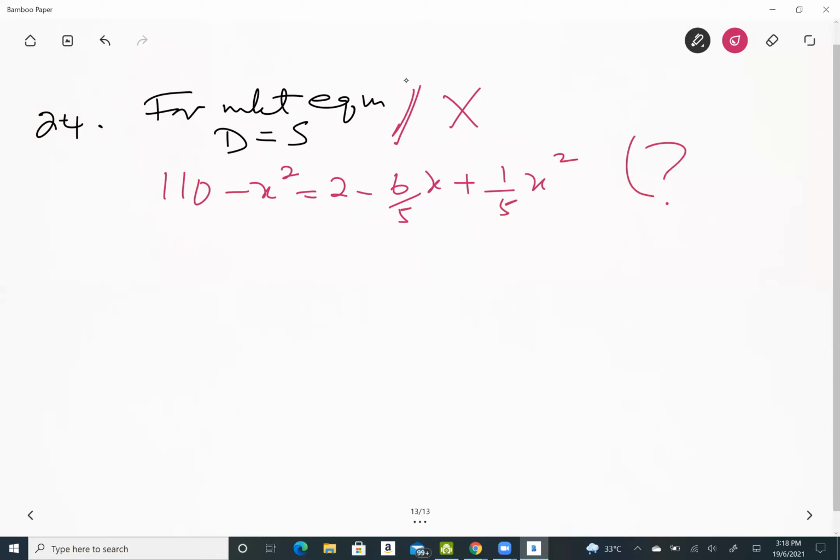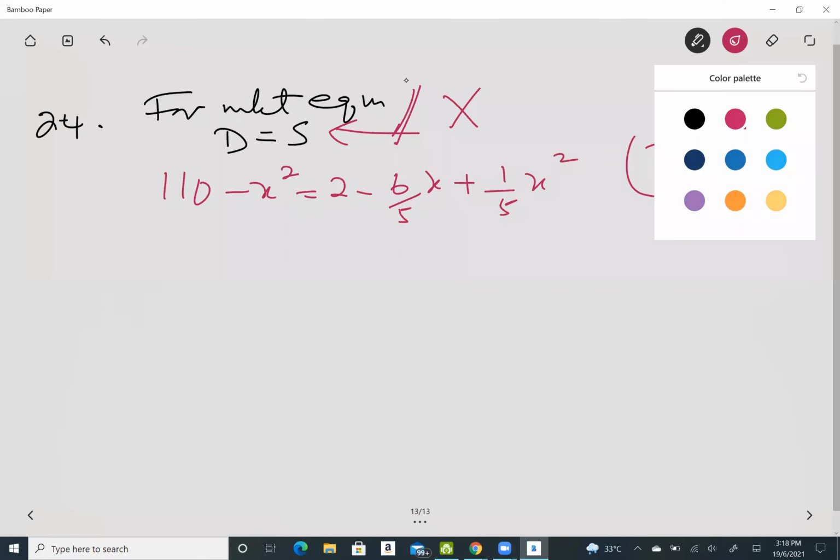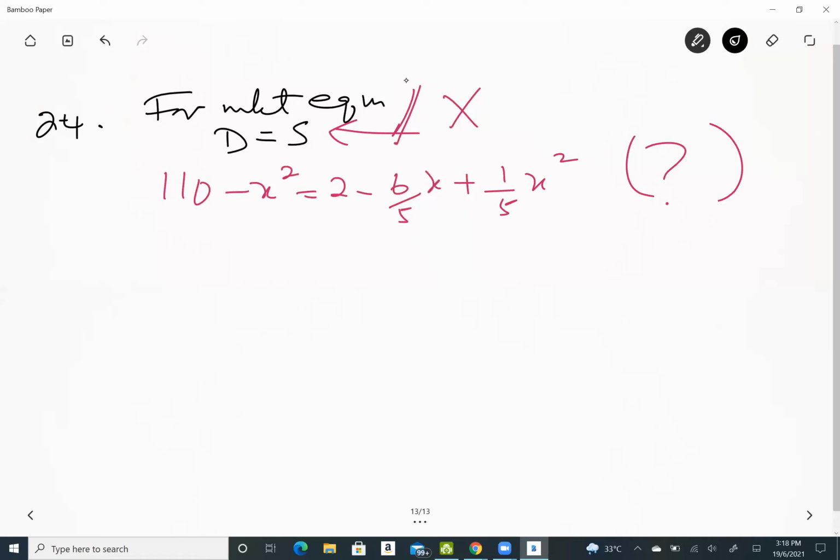What is this? How do you get that? So first thing is you give me the condition, or what is the principle, and then you apply that principle.